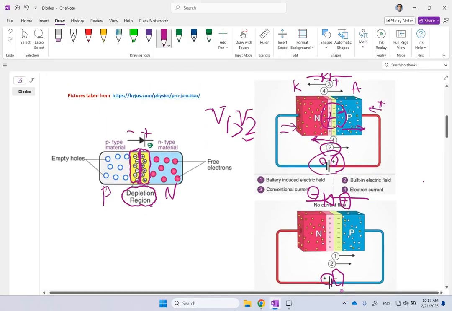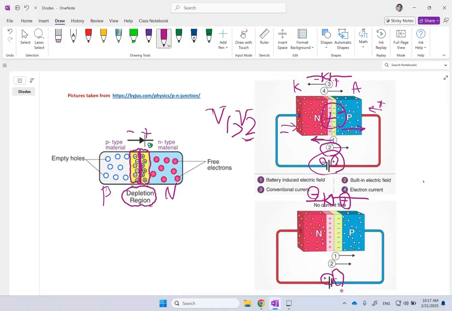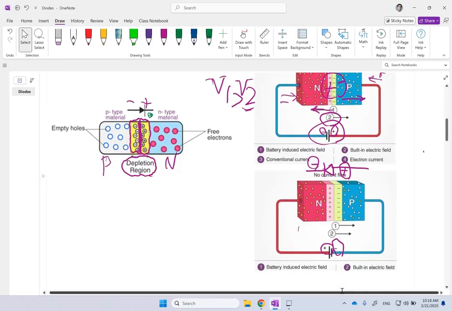In this case, remember, the electric field of the battery is in the direction of positive to negative, and the built-in field is also from positive charge to negative charge. So field 2 was already to the right, and field 1 in this case is also going to be to the right. So you see, your battery voltage will reinforce the built-in voltage, and it would never cancel and overcome it. It makes it even stronger. So there is no way for your positive charge to pass through this. Why?